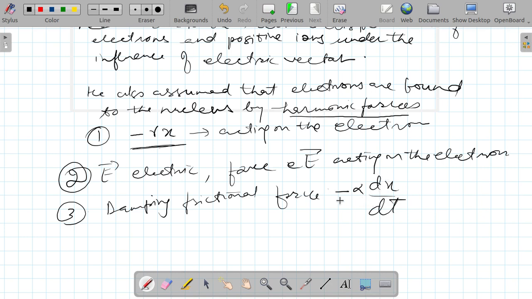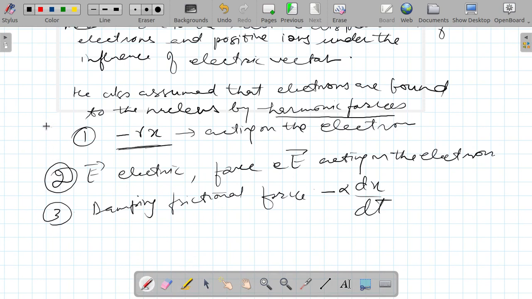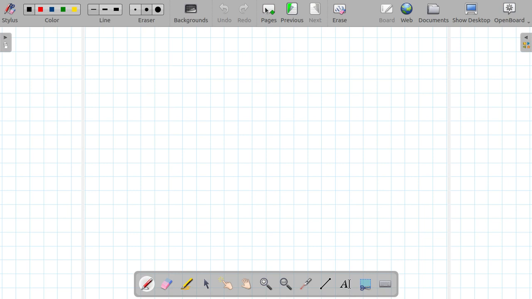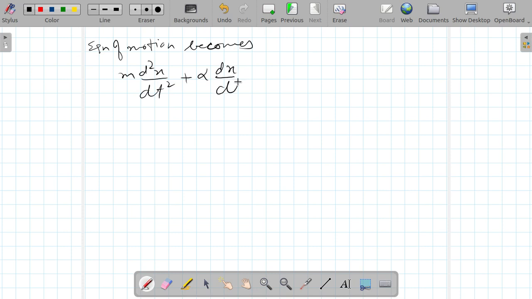So, keeping these three forces in mind, the equation of motion becomes m d square x over dt square plus alpha dx by dt plus gamma x equal to eE.